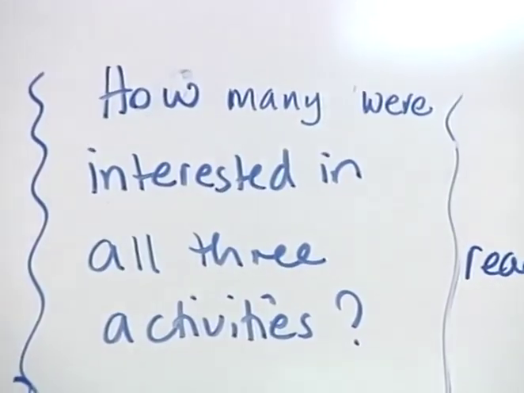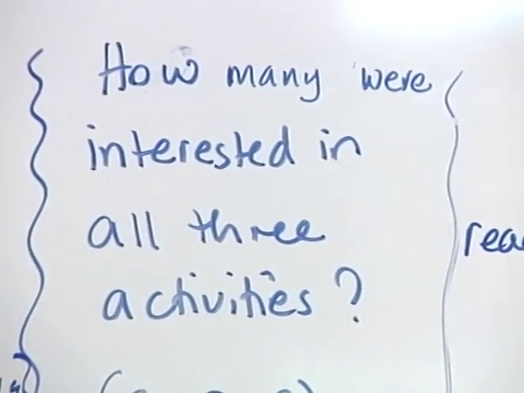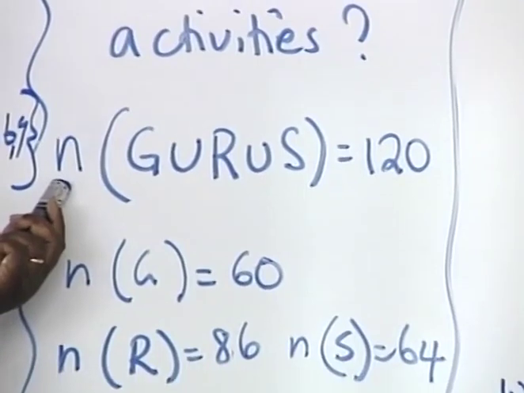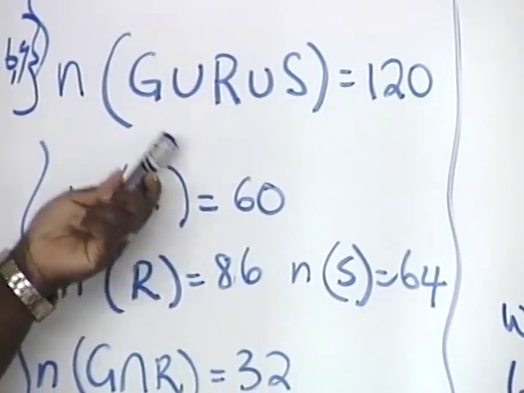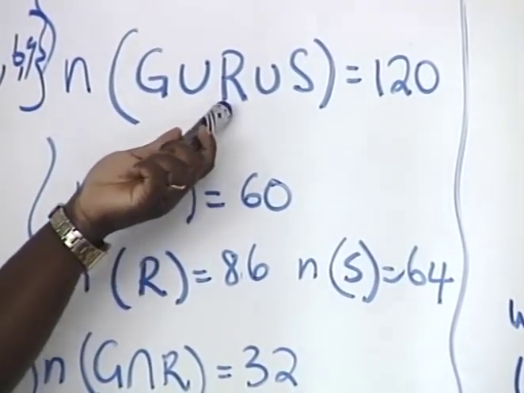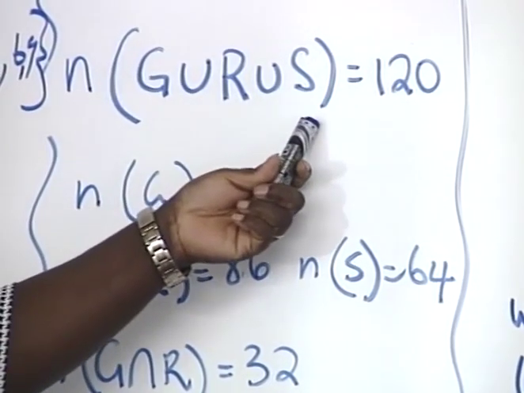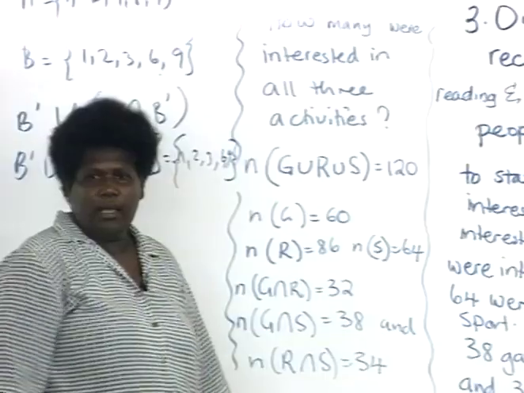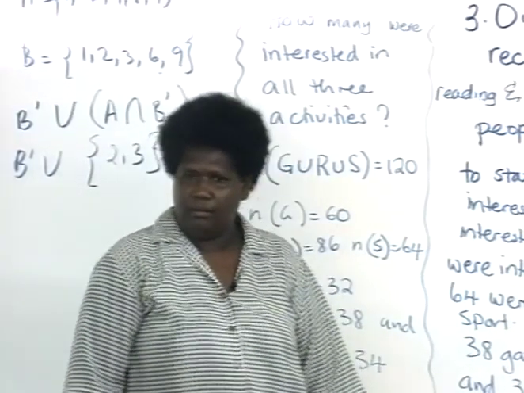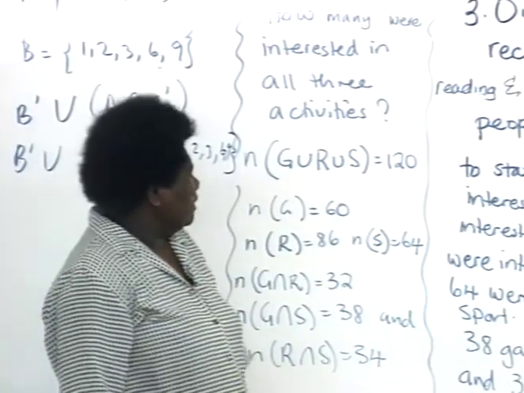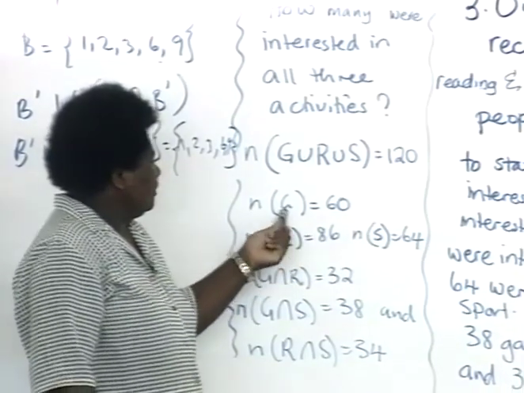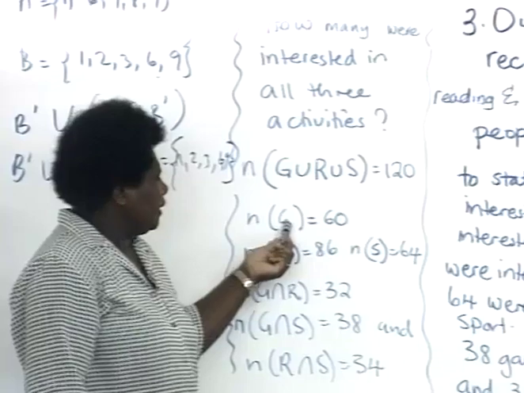Okay, this is the information we are given. The number of elements in the set gardening union reading union playing sports is 120. That includes everybody who was invited or interviewed. All right, the number of people who gardened is 60.